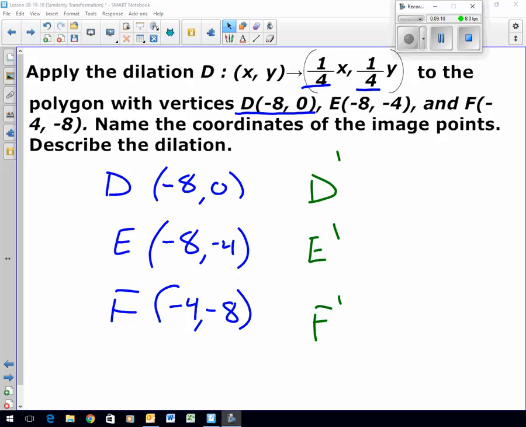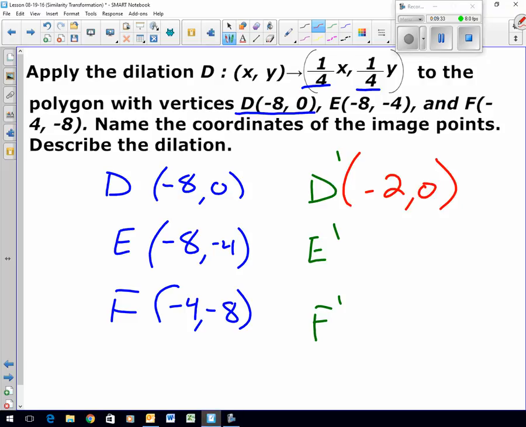Miss Bates, what is 1/4 times -8? Camry, what did you get? It's -2. She gave me the whole answer: -2 and then 0. Miss Bates, what is 1/4 times -8?